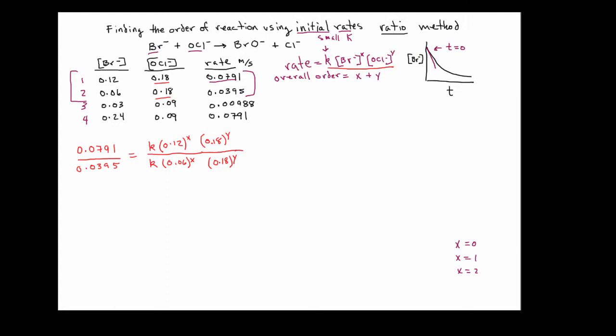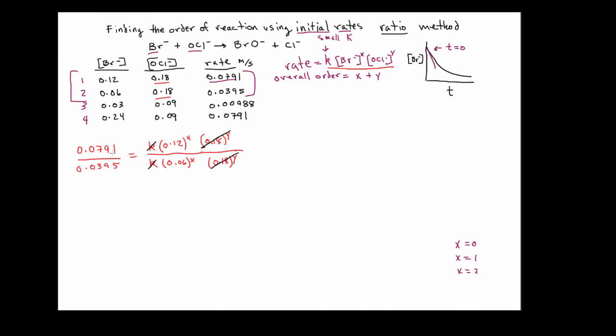All right, now you can see what's going to happen here. The rate constants cancel out; they are the same value, and regardless of what y is, this quantity is identical to the one below it, so this cancels out as well.